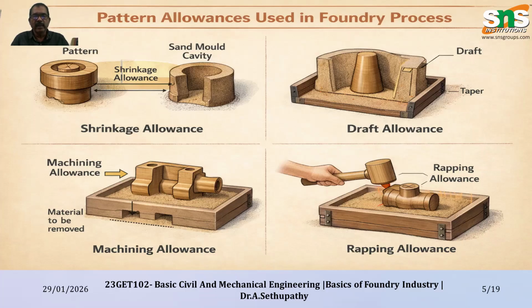Any metal in the liquid stage will become solid, so the metal will shrink. That is called shrinkage allowance.